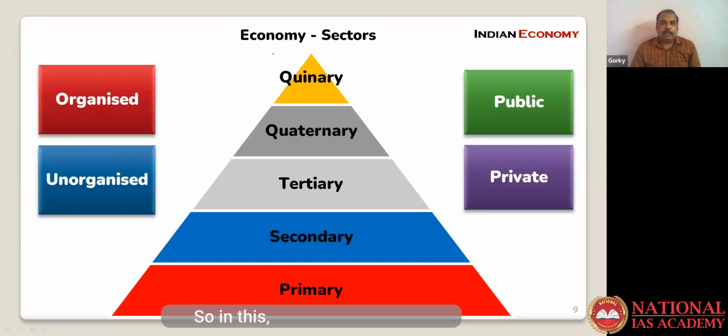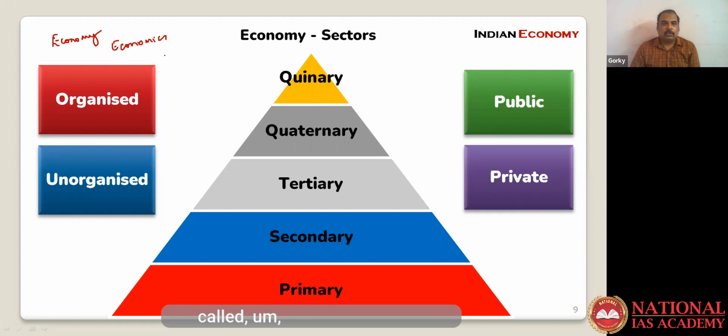So in this, we try to split some words. Okay, so some words have to be understood. So we use the word economy. Clear? But there is a word called economics.